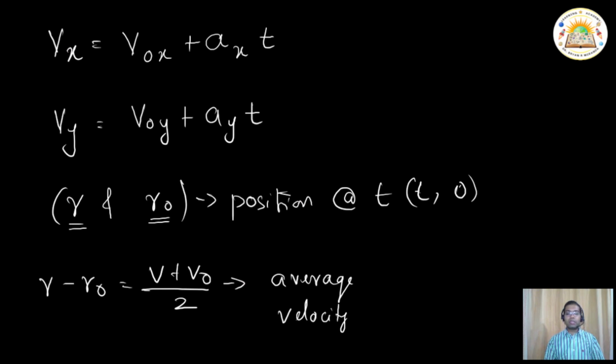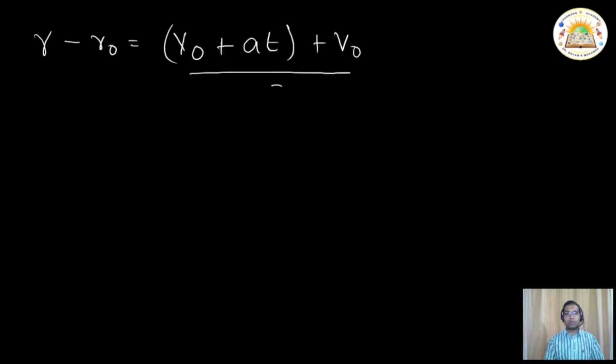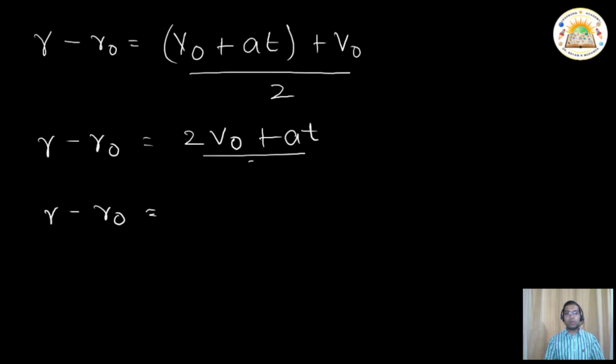Now let us go ahead and substitute for v the expression that we have found. So what is it going to be? I will have r minus r naught is equal to v naught plus at, plus v naught, whole divided by 2, or r minus r naught is 2v naught plus at, divided by 2, is equal to v naught plus half at.